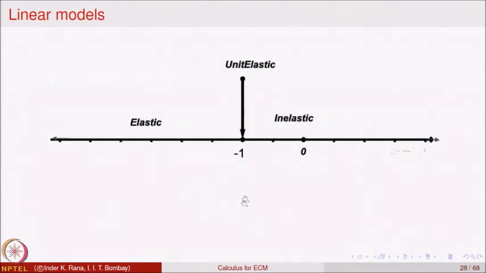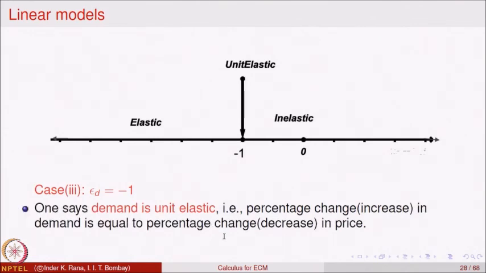So, on this side it is very responsive, and on this side it is not responsive at all. Finally, the point equal to minus 1 is called unit elastic.